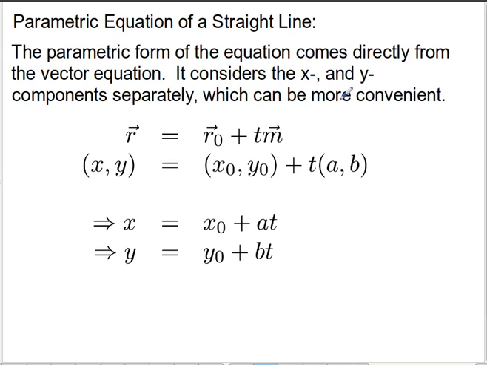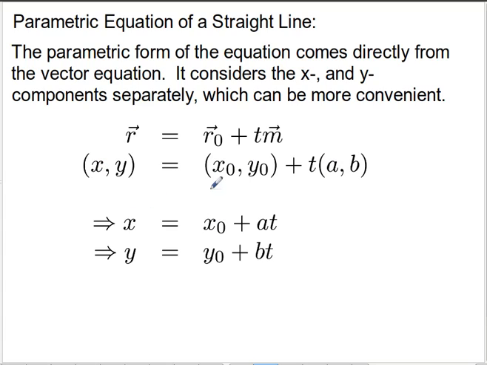Now, parametric equations are actually something we've dealt with to a certain extent, because we've been making use of the idea of components, for example, if we were trying to solve for a spanning set, or trying to show that one vector could be written as a linear combination of other vectors. It's a fairly common strategy that if we have a vector equation, such as the one I have written here, we pull out the x component, and the x component on the left of the equal sign must be equal to the sum of the x components on the right. That's what I've got written here.